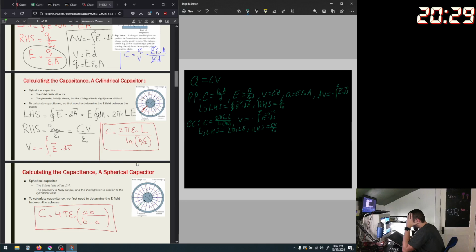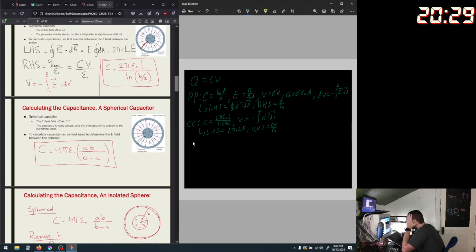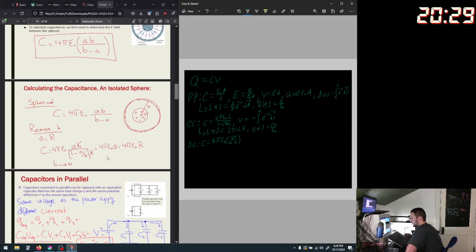We're going to have a spherical capacitor. C equals 4 pi epsilon 0 AB over B minus A. Isolated sphere.